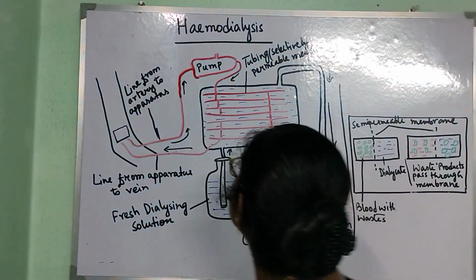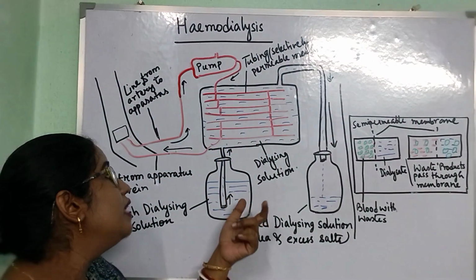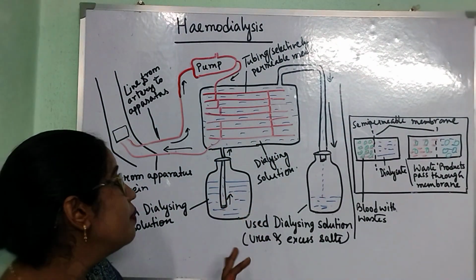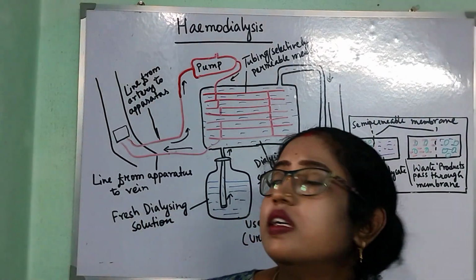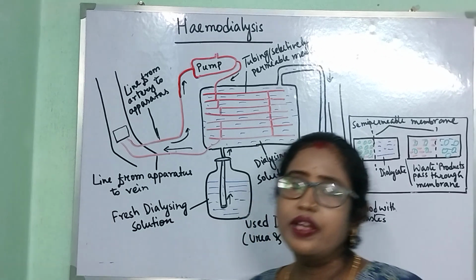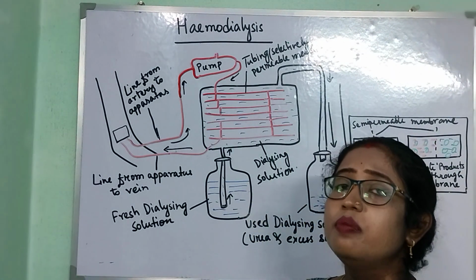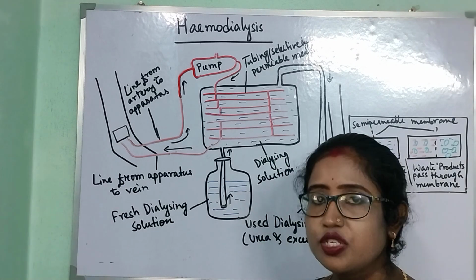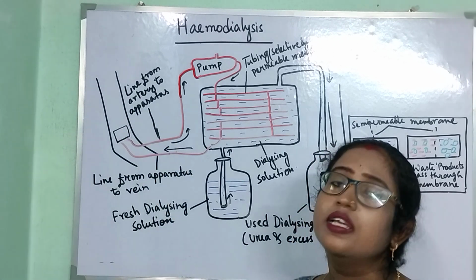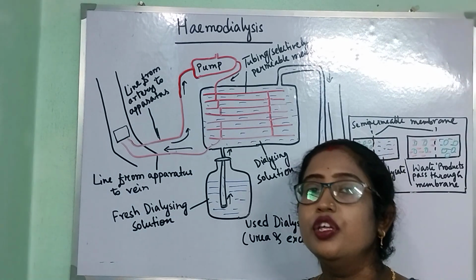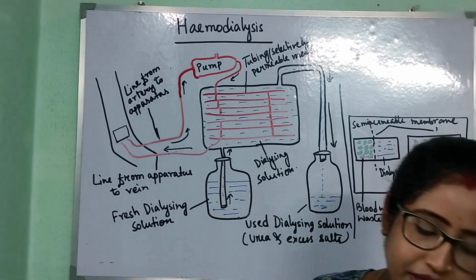This blood passes to the apparatus where the dialyzing solution is present. This blood contains very little amount of waste materials, but not the major nitrogenous waste products. It contains a very little amount of urea along with some other waste materials.